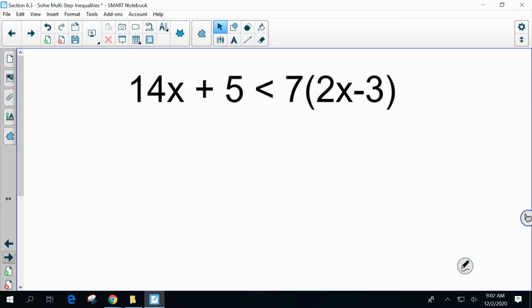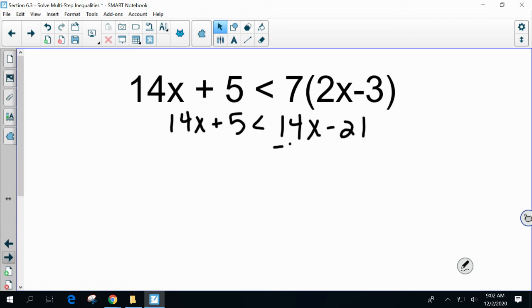So starting off, for example, what would I do first in this problem? Distribute. So 14x plus 5 is less than 14x minus 21. And then I choose to combine my variables first.